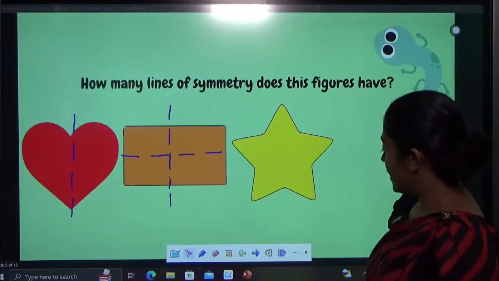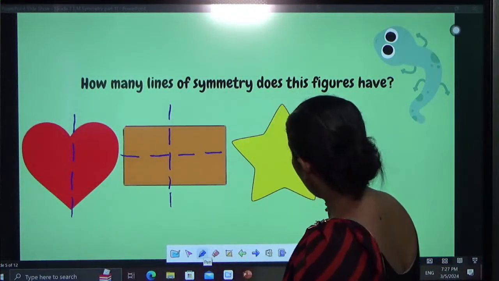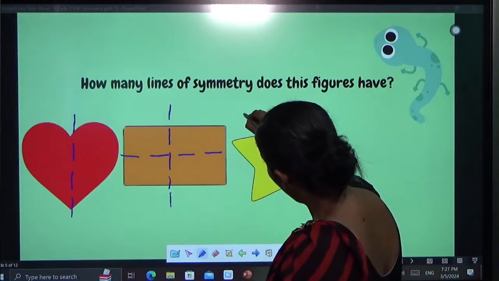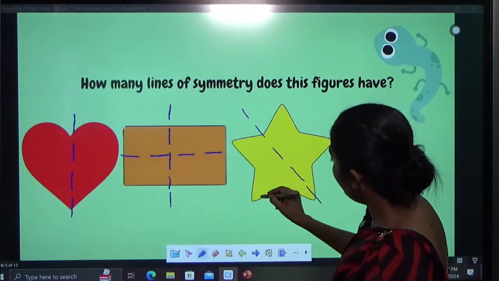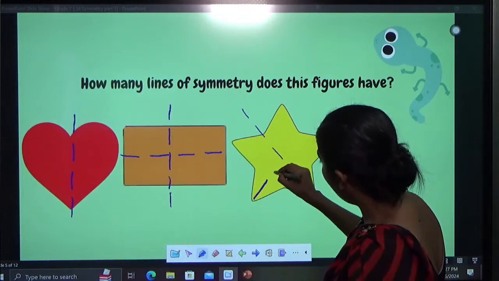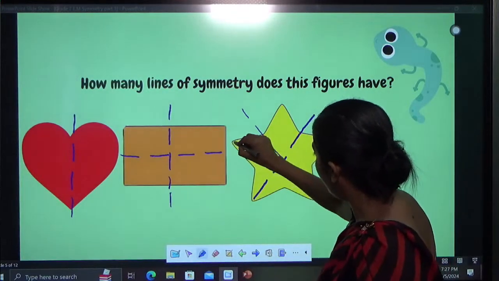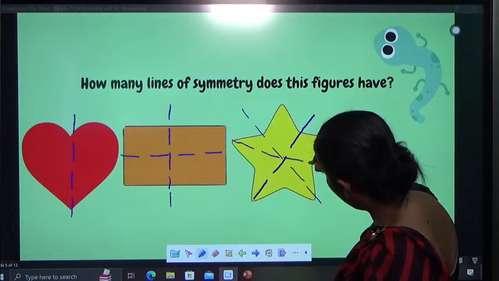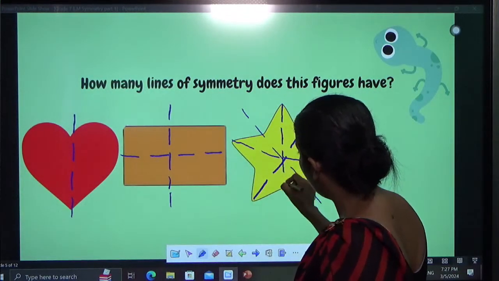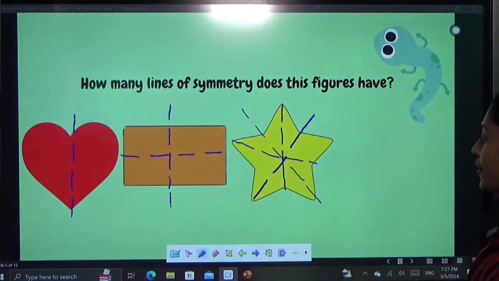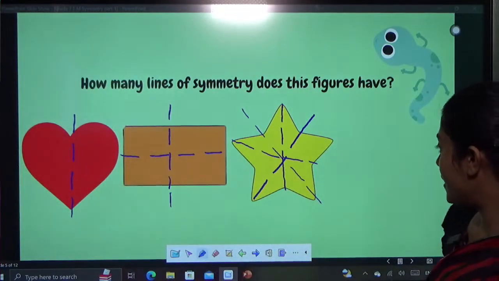How many symmetrical axes? We'll see. Here I can draw one line in this way, then another one I can find this way, then another I can find like this, then also another one here, then how many? 5 symmetrical axes we can find out, right? We'll see the next figure.